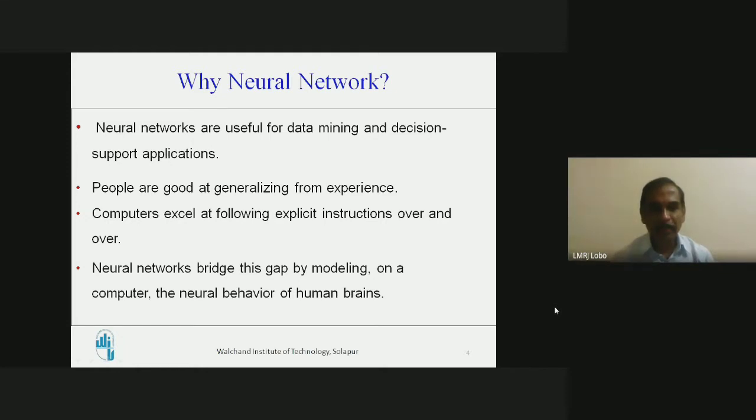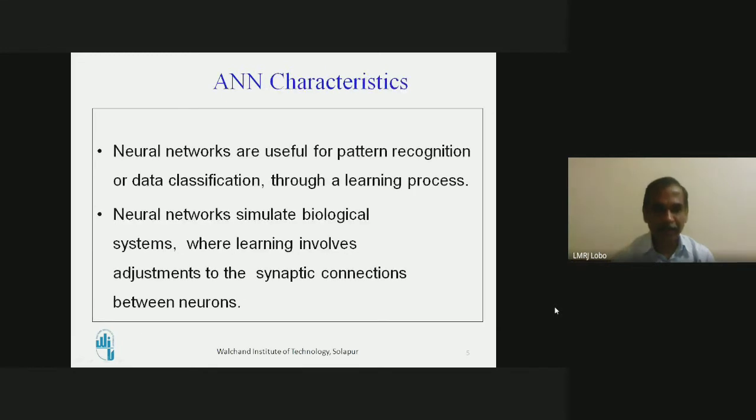Neural networks bridge this gap by modeling on the computer how the human brain actually works. The characteristics of these neural networks are that they are useful for pattern recognition or data classification through a learning process. Neural networks simulate biological systems.